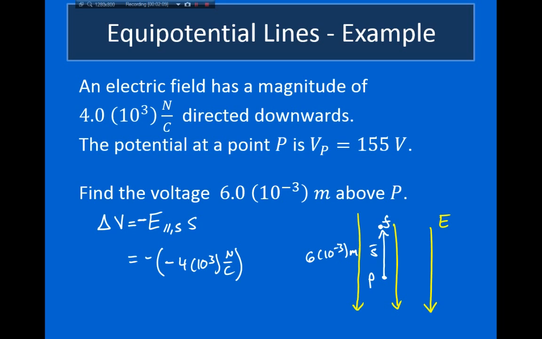The displacement is obviously just that 6 times 10 to the minus 3 meters. And so if I plug all this into a calculator, I see that the voltage difference is equal to 24 volts. So my voltage is increased by 24 volts, which means that the final voltage is equal to 155 volts plus 24 volts, or 179 volts.